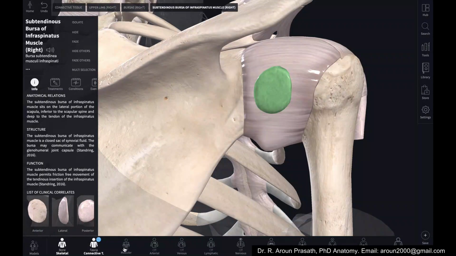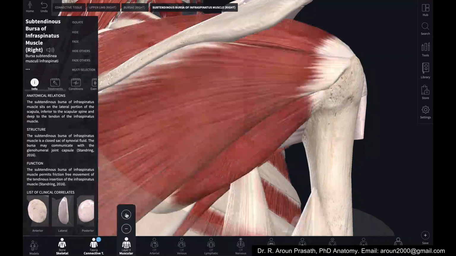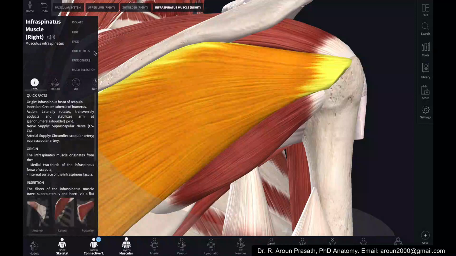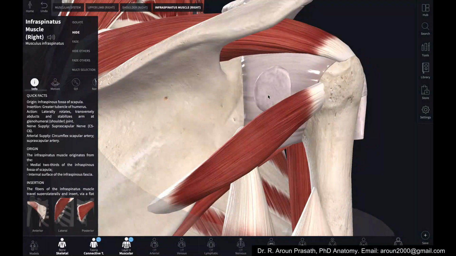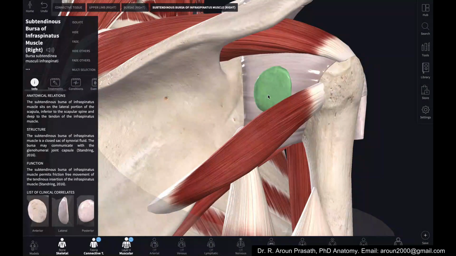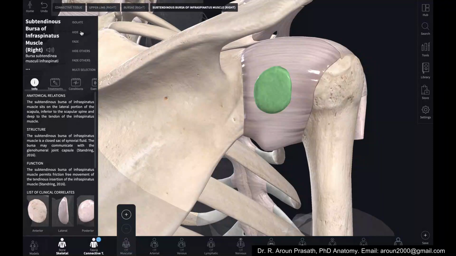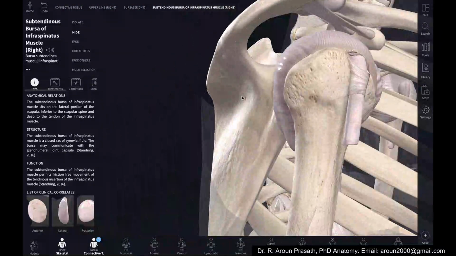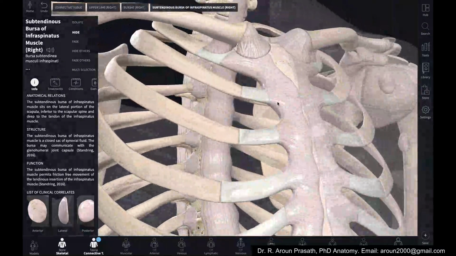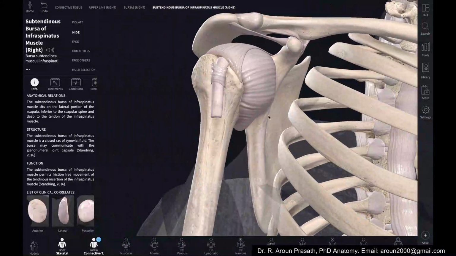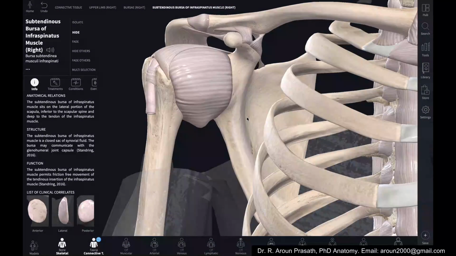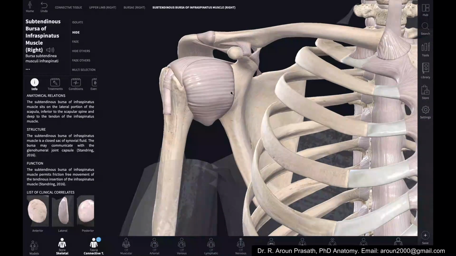This is present between the infraspinatus muscle and the joint capsule. These bursas are mainly present to prevent friction during muscle contraction. As I told you, all these ligaments and bursas are made up of connective tissues.